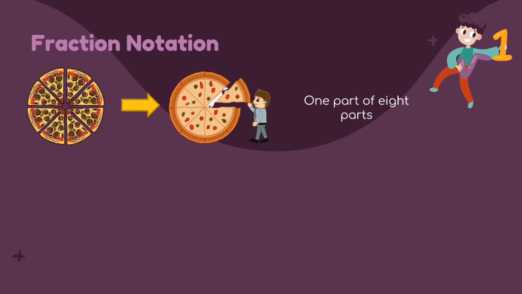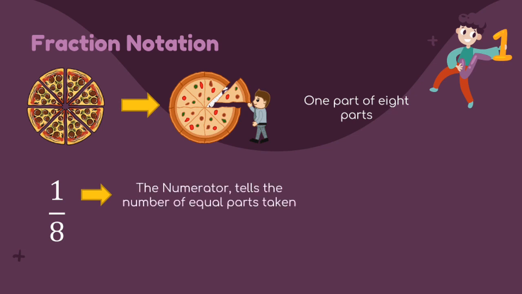Previously, we discussed this problem. How do you represent Rini's story in a fraction? The answer is we use two main parts of a fraction: the numerator and the denominator. Here is the example. 1 is the numerator. The numerator tells the number of equal parts taken, or the part that you eat.